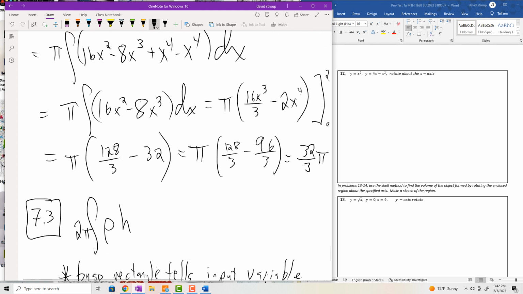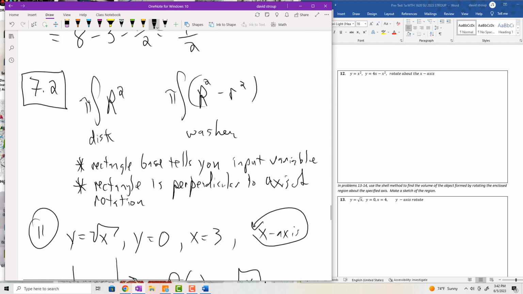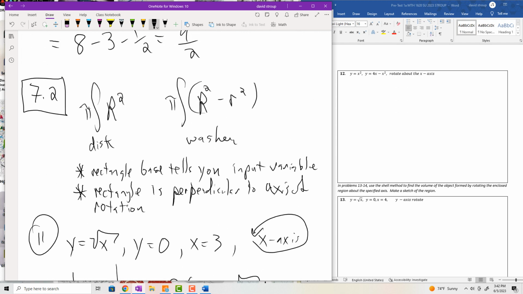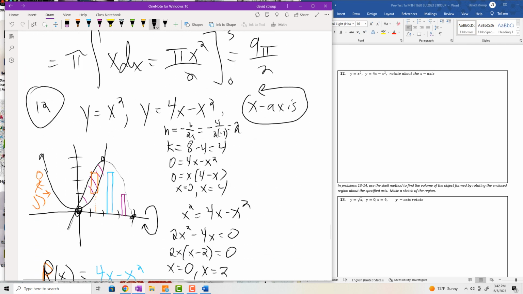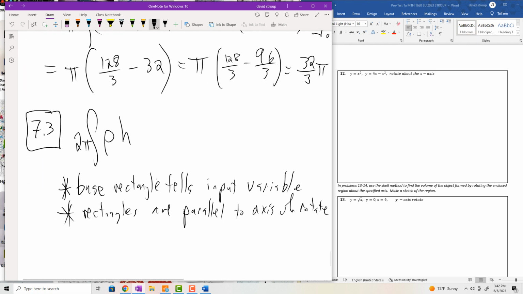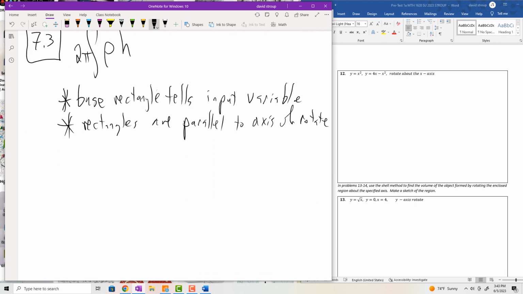Okay, so for washer and disk, all the rectangles are perpendicular to the axis of rotation. For the shell method, shells are parallel. Okay, so rectangles are parallel to the axis of rotation.